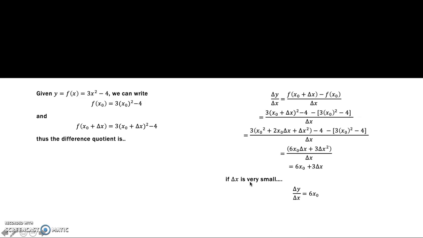But if the change is very small, an instantaneous rate of change, then delta y over delta x is just equal to 6x null. And we know, even without this difference quotient, that the derivative of this function is 6x. And this is how you get that derivative.